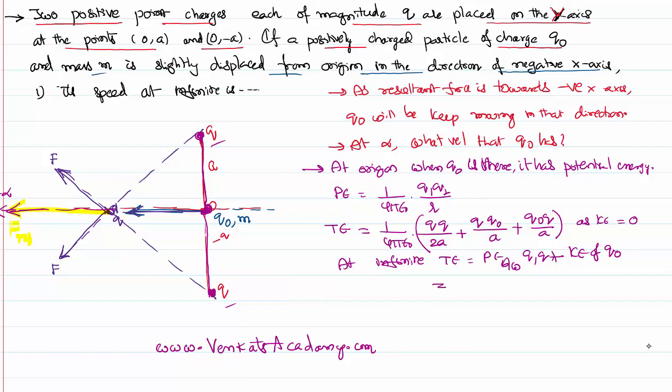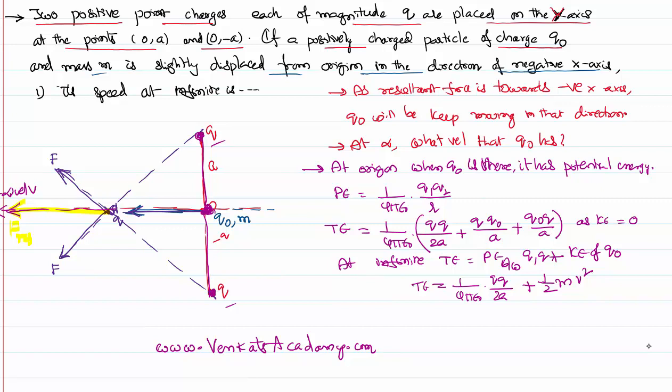So total energy at infinity is 1 by 4 pi epsilon naught QQ by 2A, plus half m v square, where I assume the velocity at infinity is v.